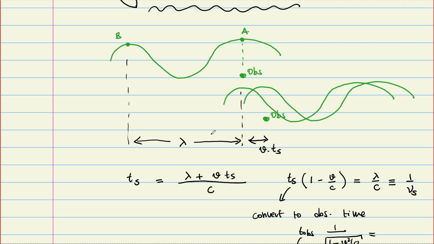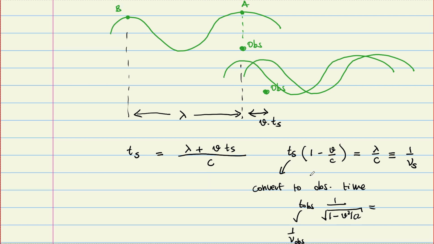And for this, I need to calculate first the full wavelength, right? This is the time that the full wavelength takes. And then there's additional time. In my frame, you are going to be moving with velocity v, and in my frame, you'll go a distance like v times Ts. Then Ts, the time, is going to be total length divided by the speed of light, and I solve this for Ts.